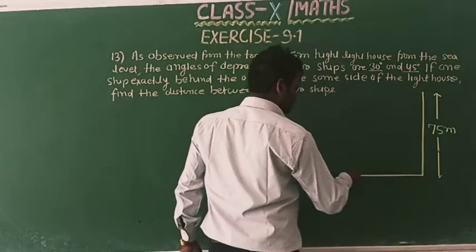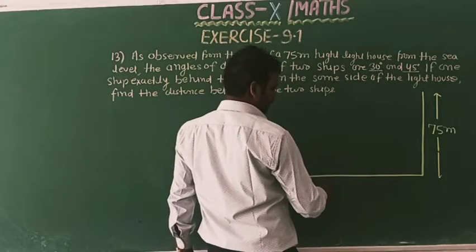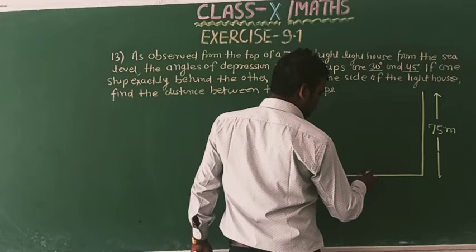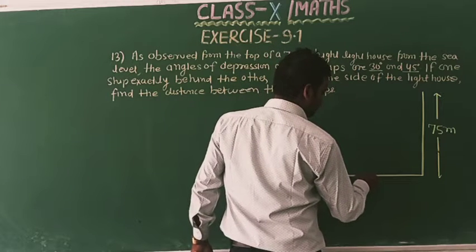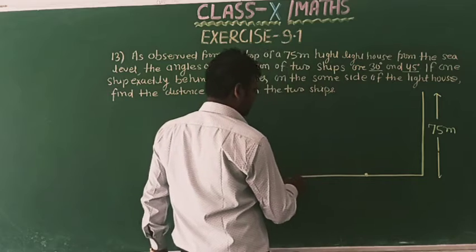So suppose this is the sea level, the two ships, this is the first and this is the second ship.